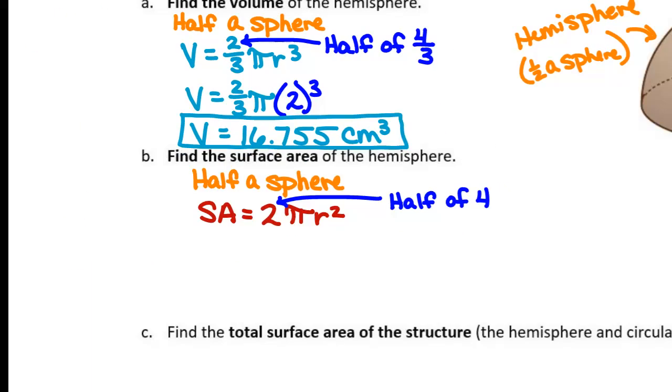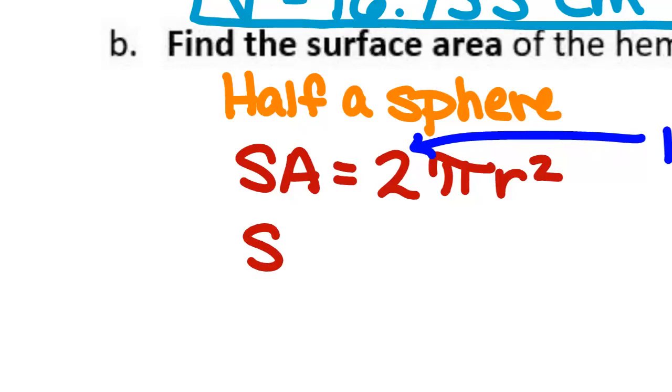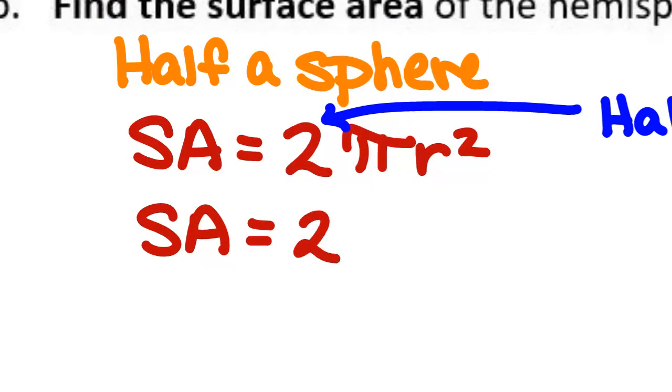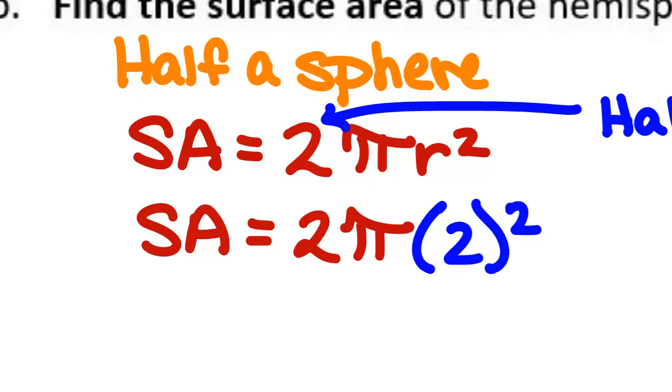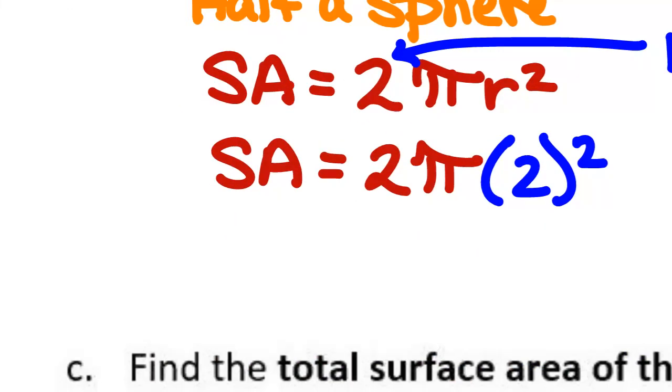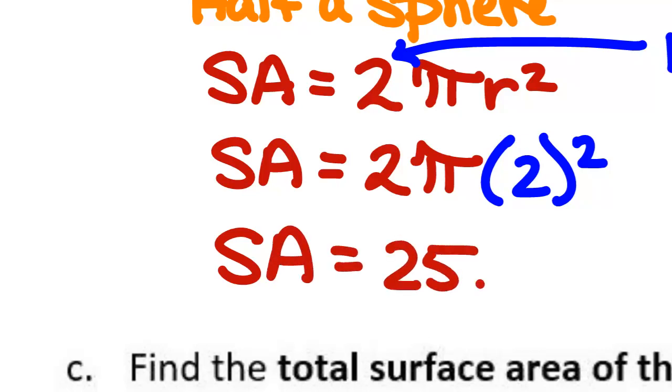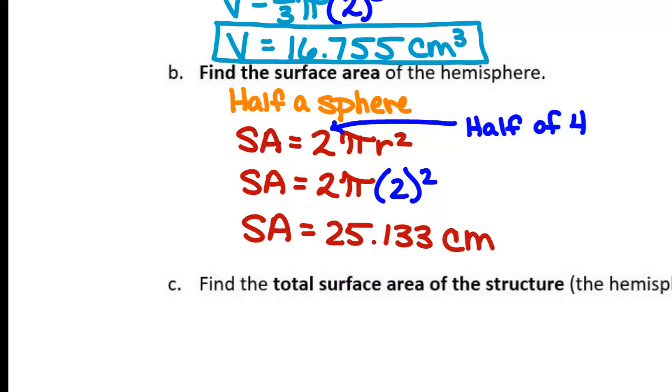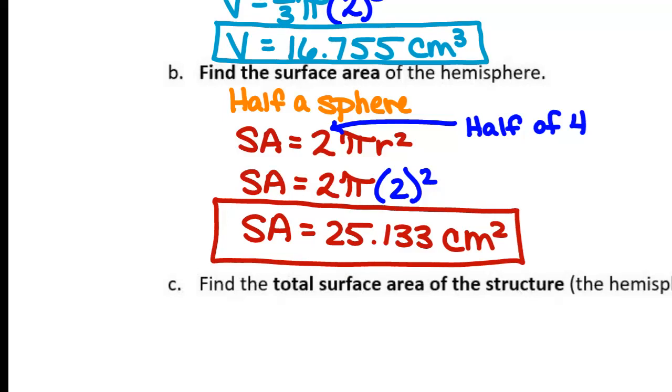All right, so let's substitute in, see what we get. You said how much? 25.133. Give me just a second, I'll get that written down. Surface area, 25.133 centimeters squared. So that's the surface area of half the sphere.